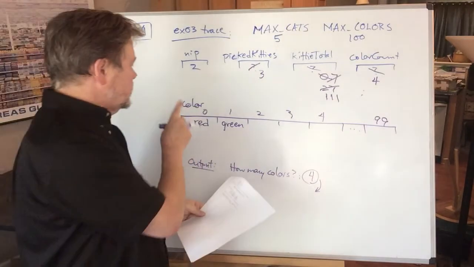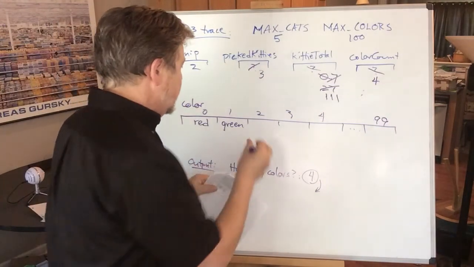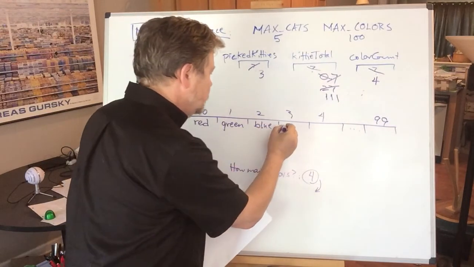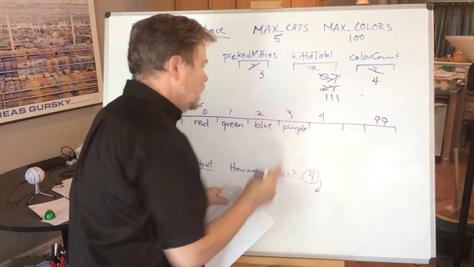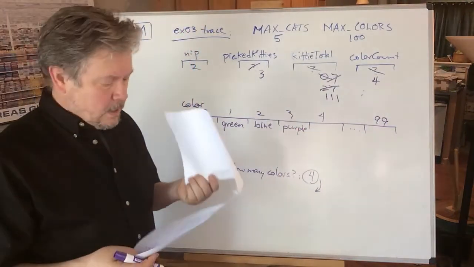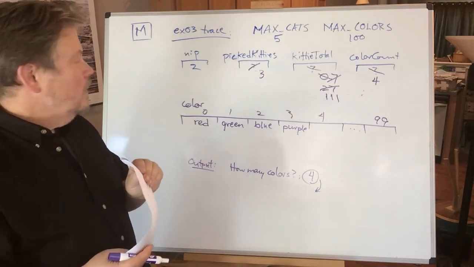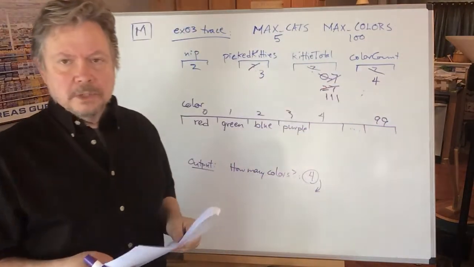So when i is 0, we read into slot 0. When it's 1, we read into slot 1. Now it's up to 2. And the user types in blue. Then the user types in purple. And then the for loop stops because our user typed in 4. And when i gets up to 4, then that matches color count and it falls out of the for loop.